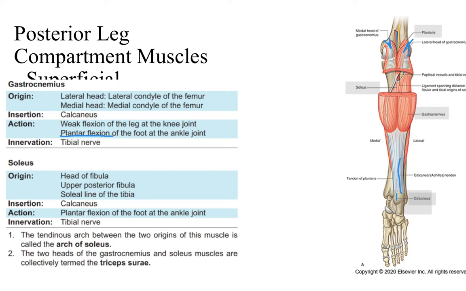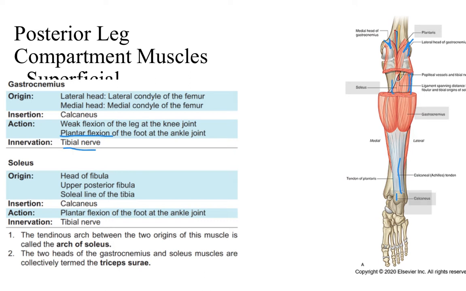So standing on your tippy toes would be plantar flexion. And its nerve supply is the tibial nerve, like we've discussed in previous lectures, where the tibial nerve separates from the sciatic nerve.